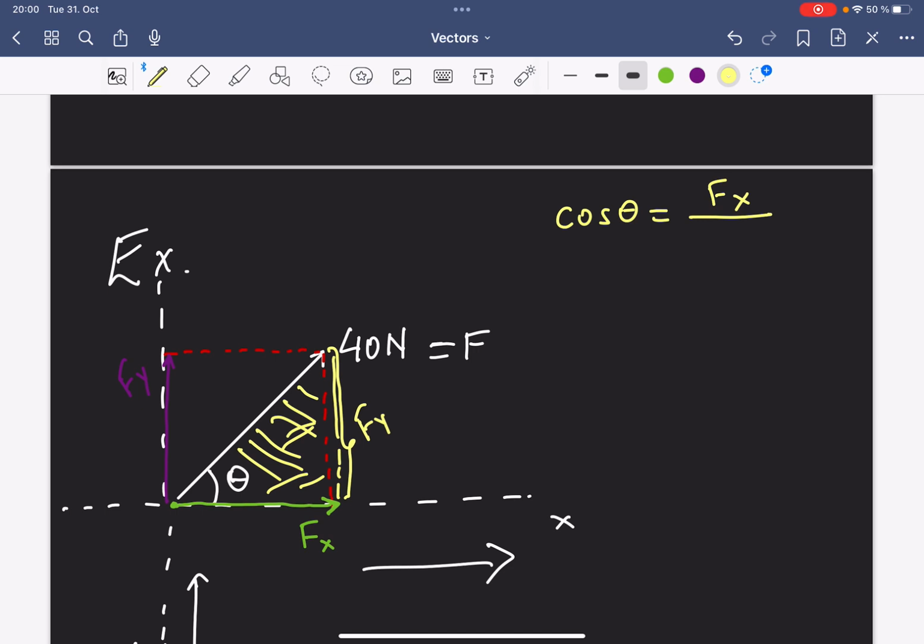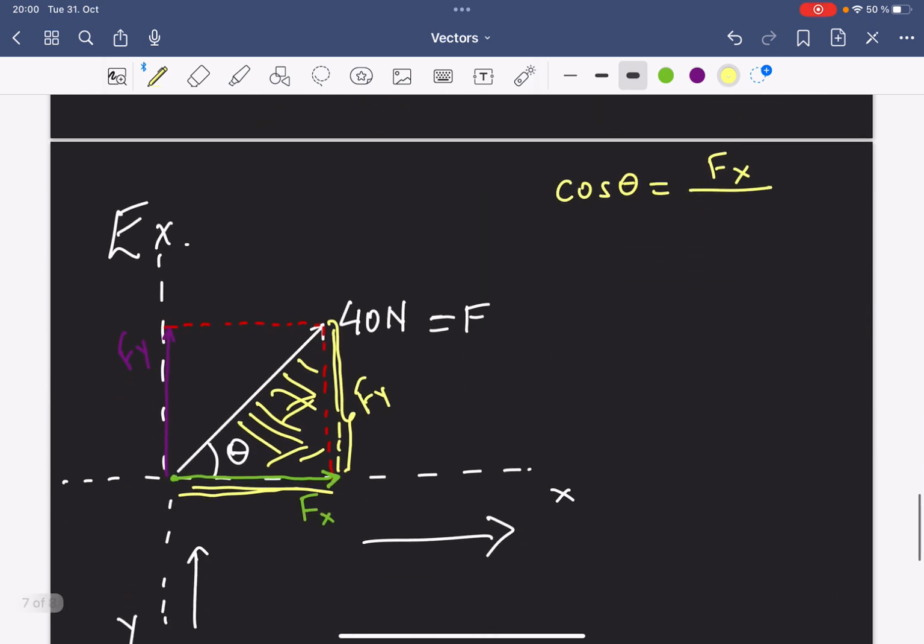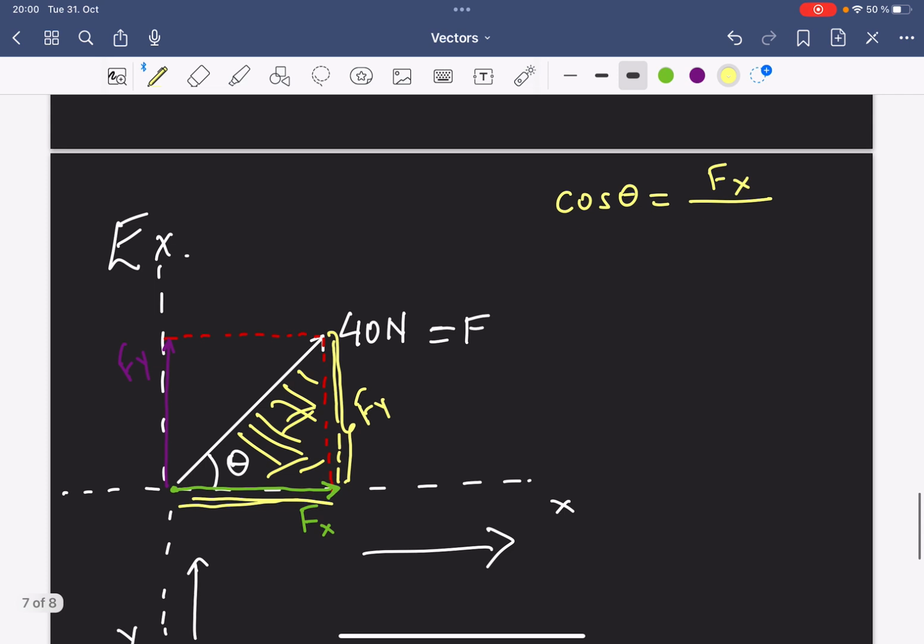The adjacent to theta is going to be this length over here, and the hypotenuse is going to be F. So it's the diagonal on this parallelogram, so it's going to be F. Now, if you solve this one for Fx, then you have that Fx is going to be F times cosine theta. Which means if you know F, 40 newtons, times the cosine of the angle that will be given, 30 degrees, 45 degrees, you can calculate the Fx component, as we call it.